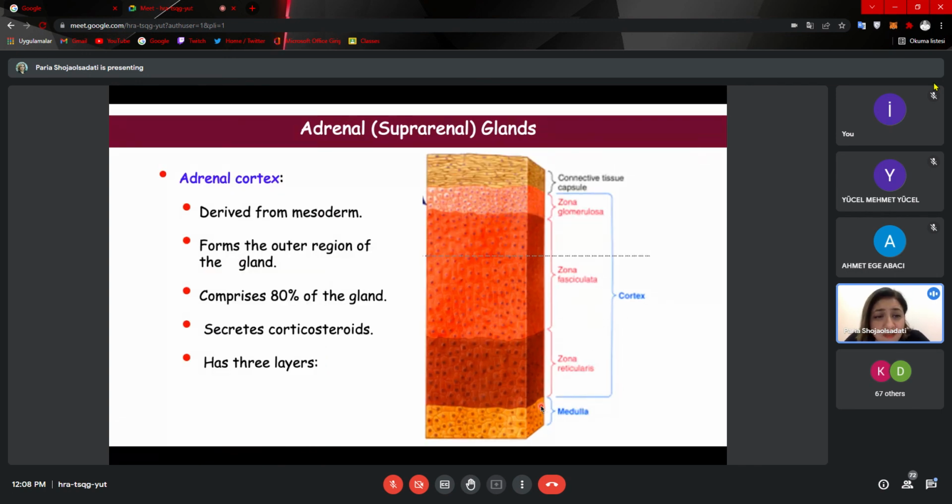The adrenal cortex, derived from the mesoderm in embryonic life, forms the outer region of the gland, comprises 80% of the gland, and secretes the corticosteroids. It has three layers: zona glomerulosa, zona fasciculata, and zona reticularis.